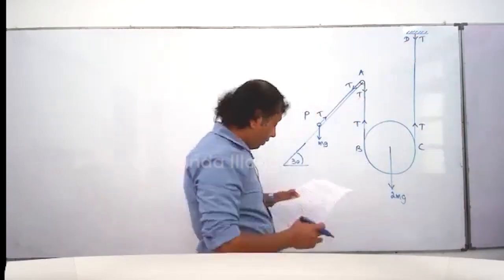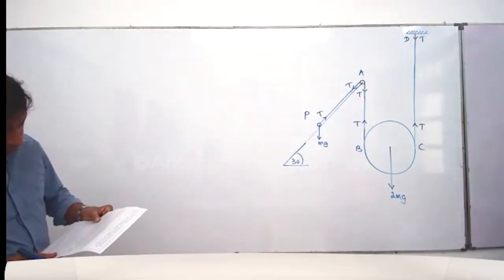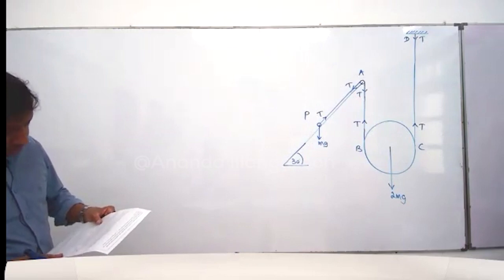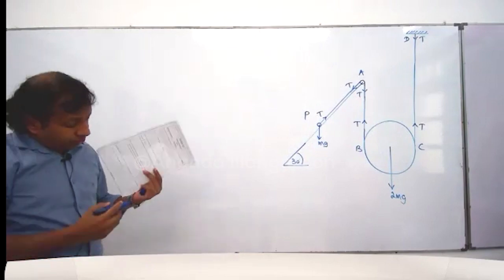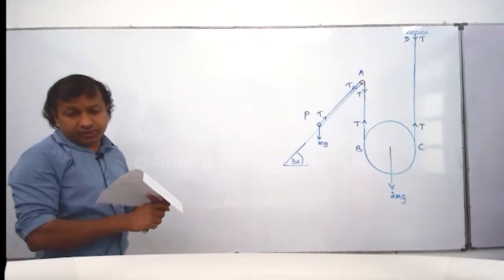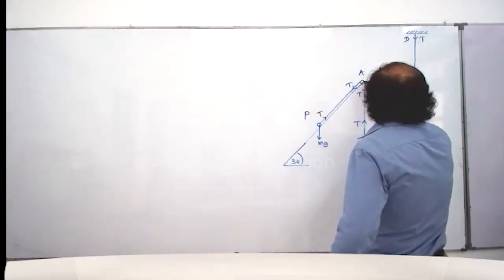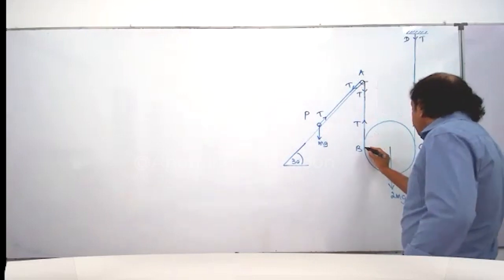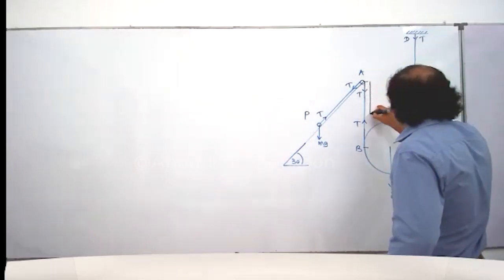Right. First one, show that the magnitude of the acceleration of the particle is twice the magnitude of the acceleration of the movable pulley. The easiest way of getting this answer is by measuring the length. That's a good solution for this issue, right? So from here, I measure the distance to this level. Let this distance be x.